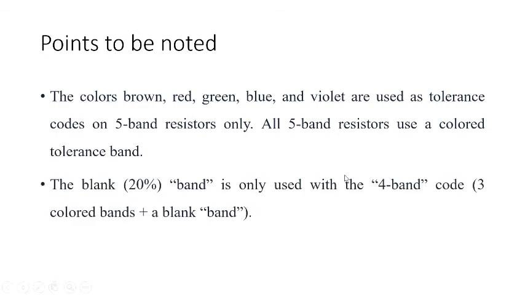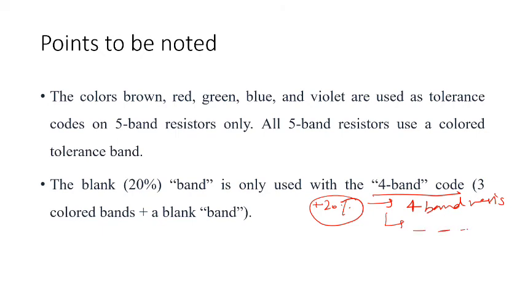Secondly, the blank, which means the tolerance band corresponding to plus minus 20%, is only used with the 4-band code, meaning that you will always come across plus minus 20% in the case of a 4-band resistor, where you will only see 3 colors denoted on a carbon resistor.